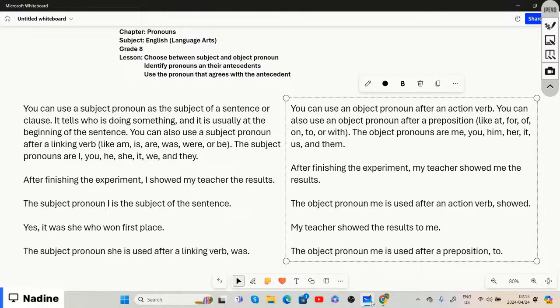All right. So when it comes to pronouns, we have subject pronouns and object pronouns. Subject pronouns, once again, tell us who is doing something, and they are usually at the beginning of a sentence.